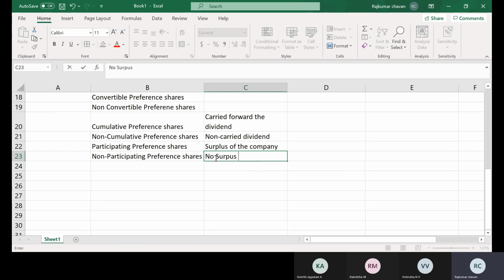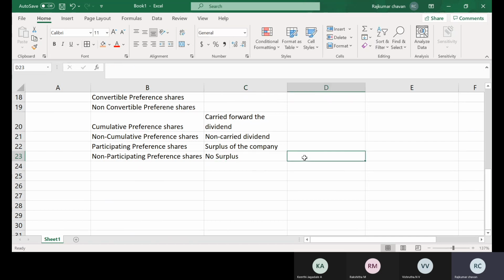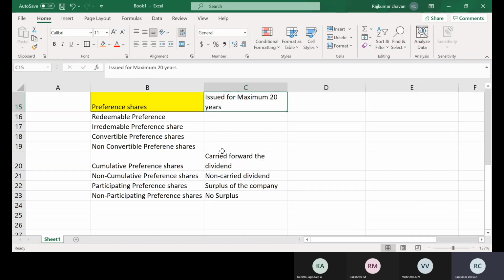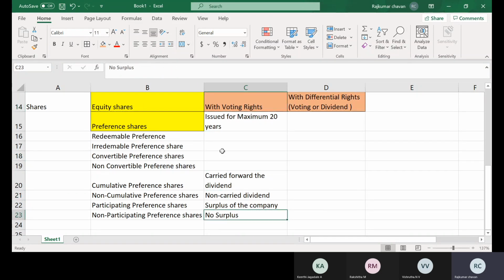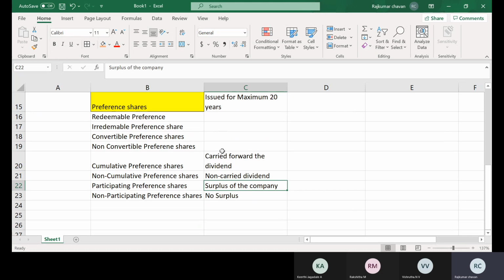The surplus amount will not be shared with non-participating preference shares. So this is the basic difference of all these types of preference shares. Got it? Till now, is that clear?